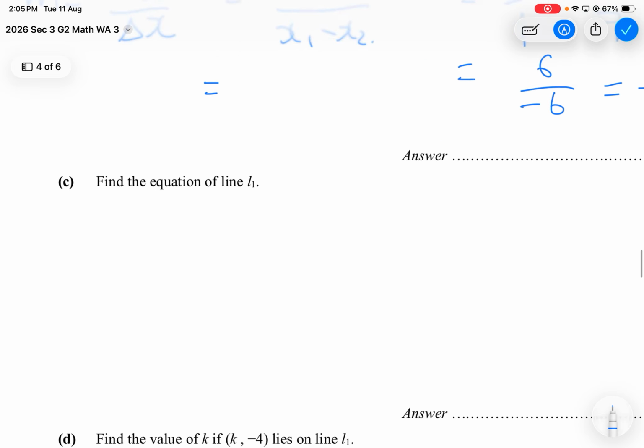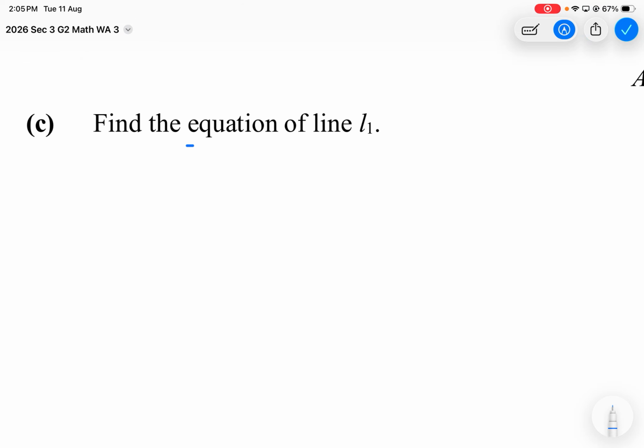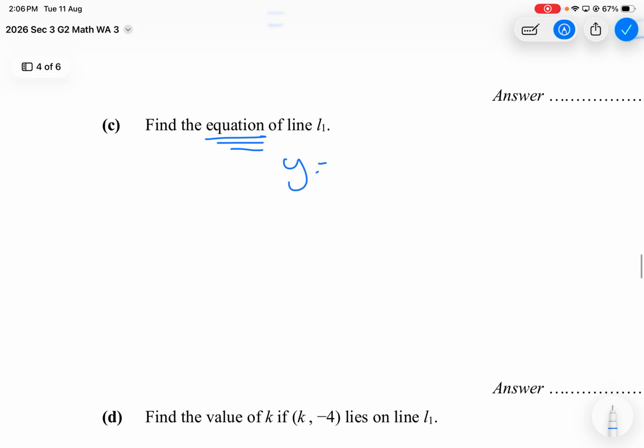Find the equation of line L1. They want you to find the equation. What is the equation? The equation is y equals mx plus c. But you must find what is m, you must find what is c. m you found already, negative 1.